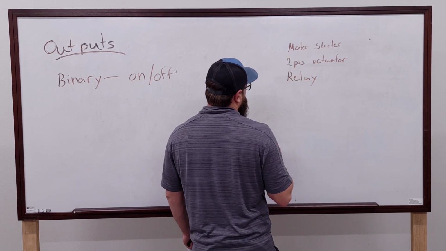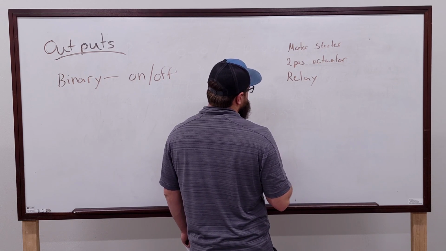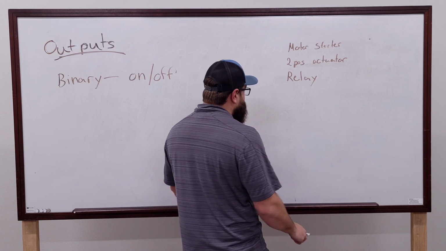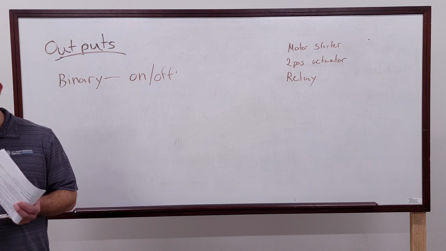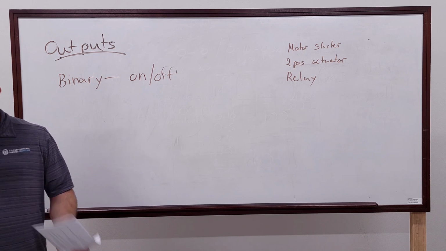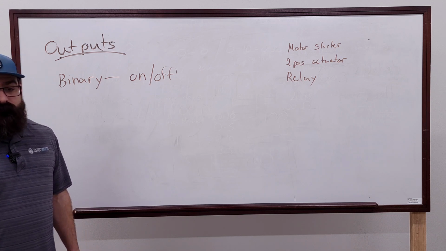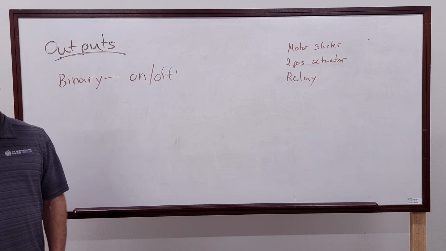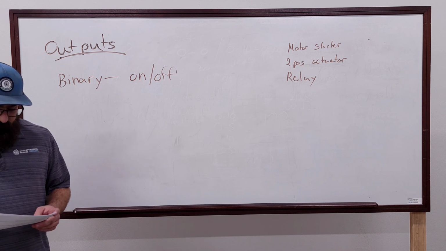What else could be a binary? Yeah, basically anything that's going to take like a 24 volt signal or 120 volt signal, whatever it may be that you're doing. Yeah, on or off. Start it off, shut it down, that kind of stuff. Very simple, nothing to it really.